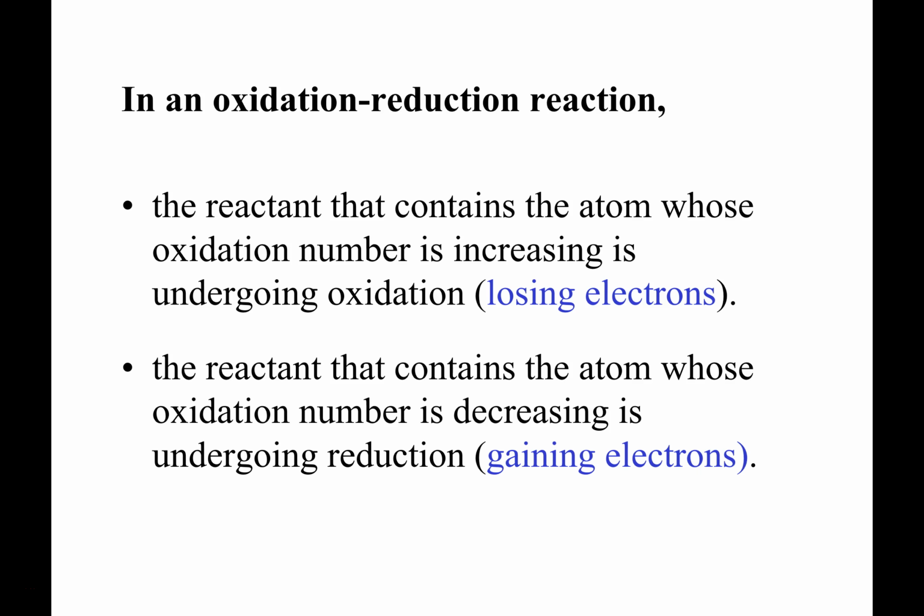If a species, whether it's a polyatomic ion or a compound, contains the atom that is being reduced, we say that the reactant is being reduced. I will warn you, and I think we're going to look at an example tomorrow, it's possible that you have one species and actually it has the thing that's being oxidized and the thing that's being reduced, the product side. So that's kind of exciting.